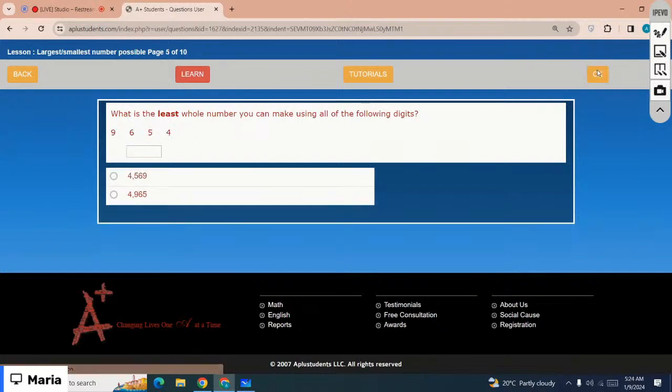Okay, the next one is, what is the least whole number you can make using all the following digits? So, which is the correct option?